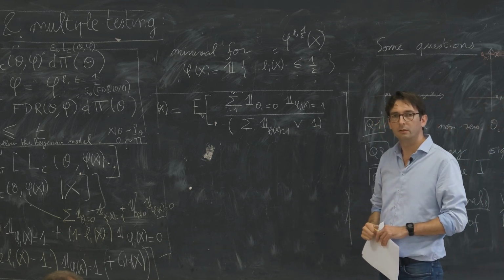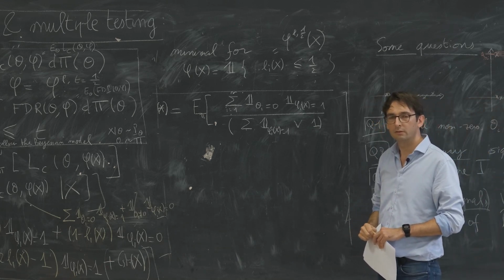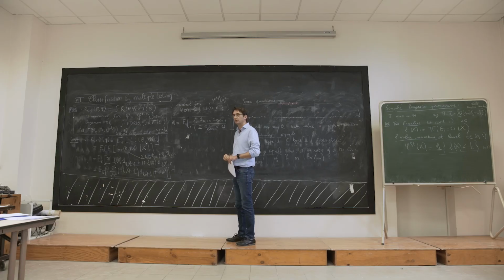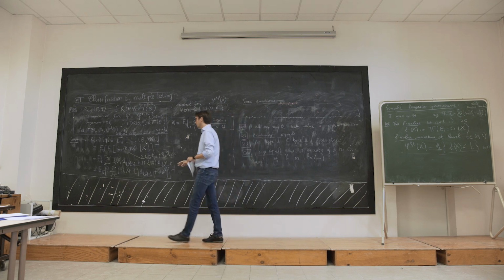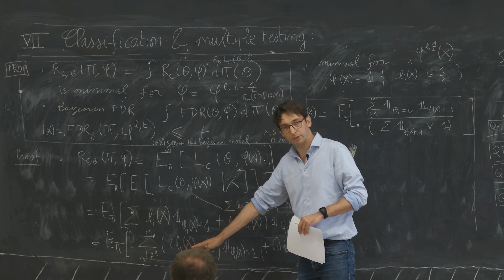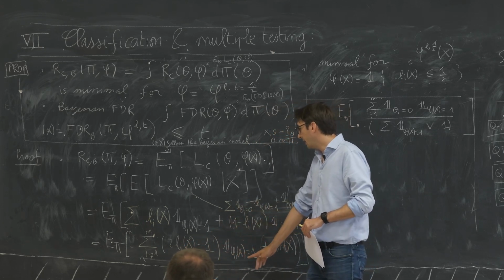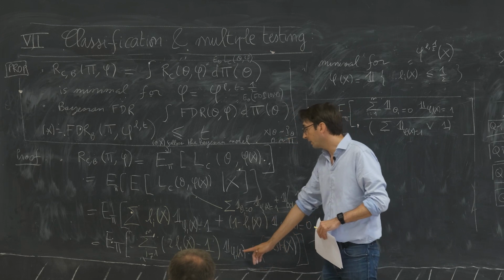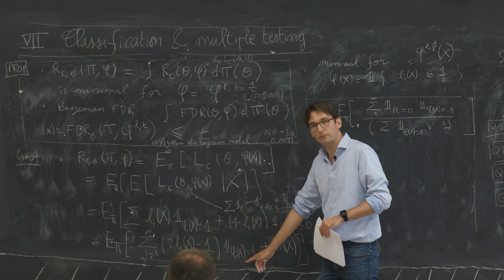Yes? Just have a question. When you say it's minimal for the L-value procedure with t equal a half, is it minimal in all the procedures or in all the L-value procedures? No, in all the procedures. There are a number of possible values for this quantity, and they depend only on whether, for a given coordinate, the procedure is 0 or 1.